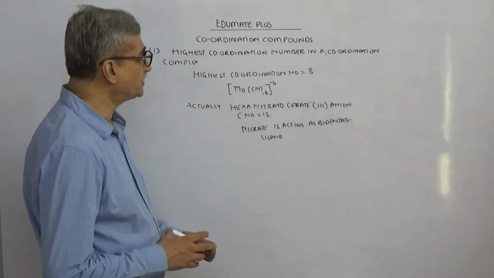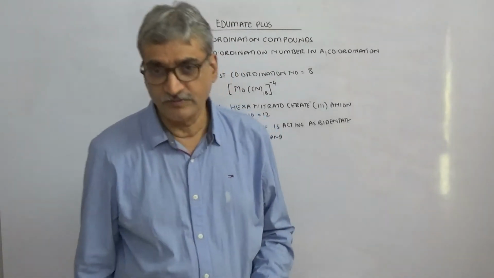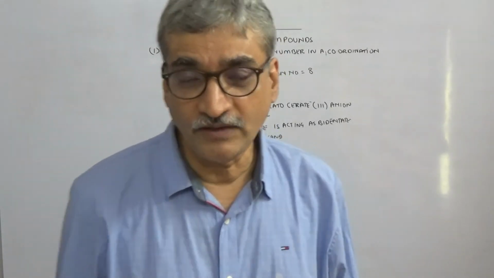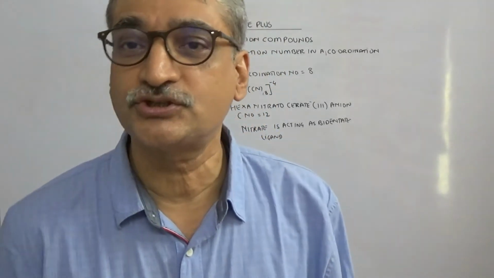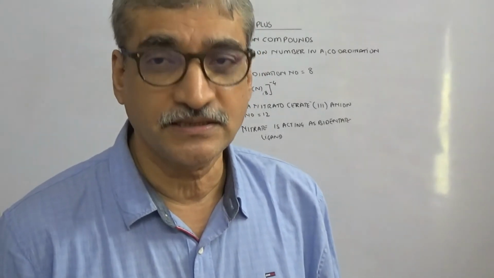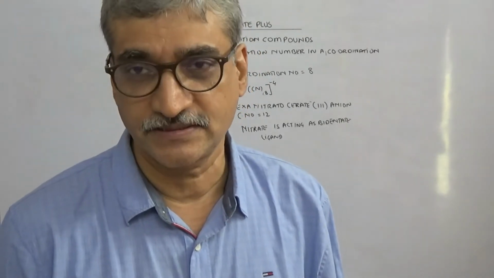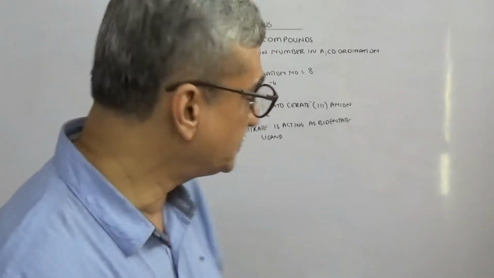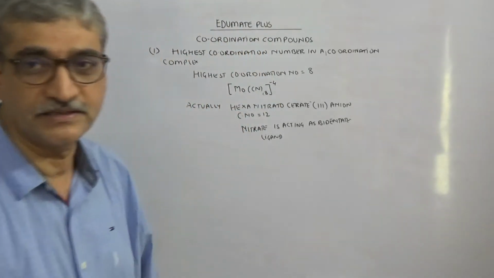So this was one observation. So I again repeat, you have to be very careful. If one of the distractors is 12, then 12 would be a more appropriate answer in JEE, because such a stable compound does exist, even though our textbook says 8 is the highest coordination number.